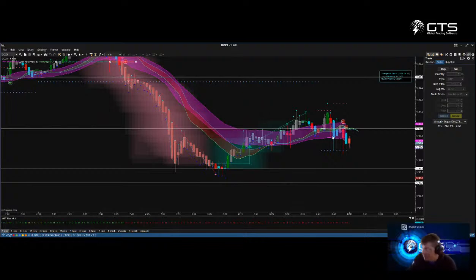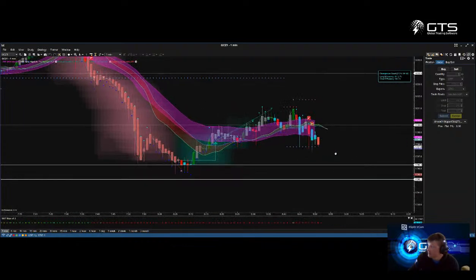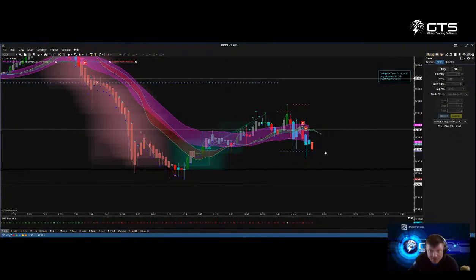If you get a 4-star and then a 5-star and then a 6-star, those are great trades. Every time I've ever seen a 4, 5, 6-star, it's been absolutely ridiculous, and they're few and far between. It's not something that you see every single time you use the system.